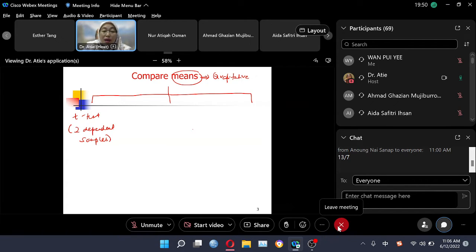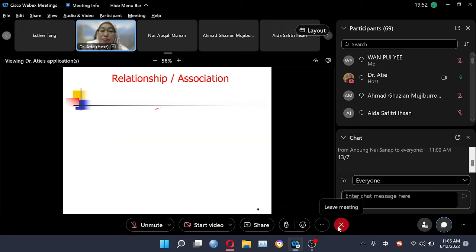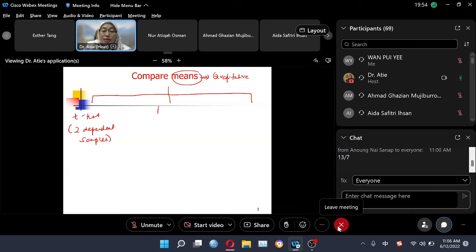And then we have another one, t-test for two independent samples, right? And then we have ANOVA for more than two independent samples. So remember, the data must be quantitative. So what does it mean?